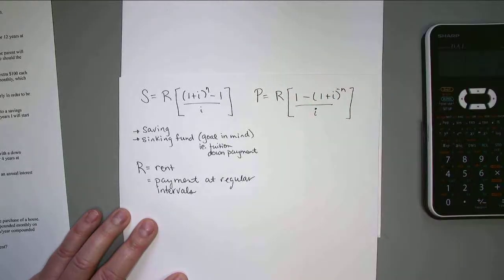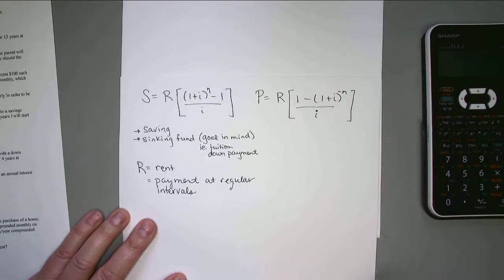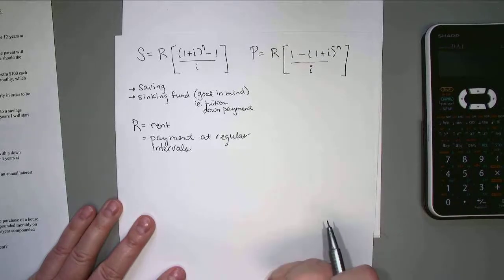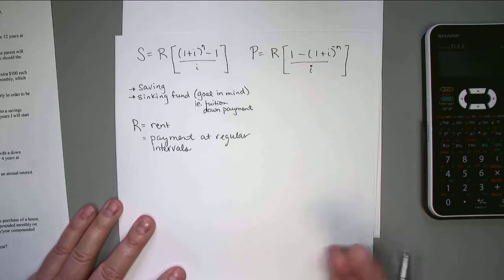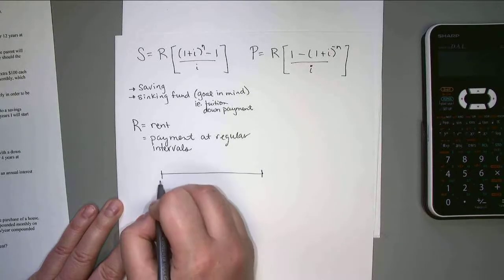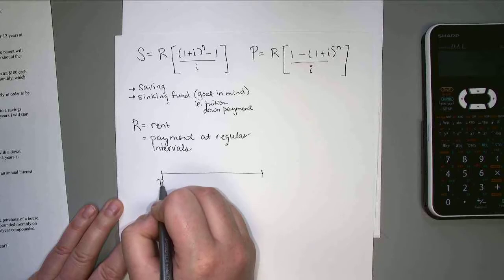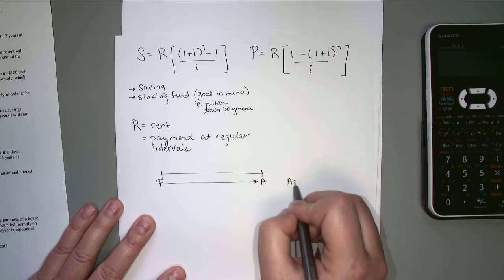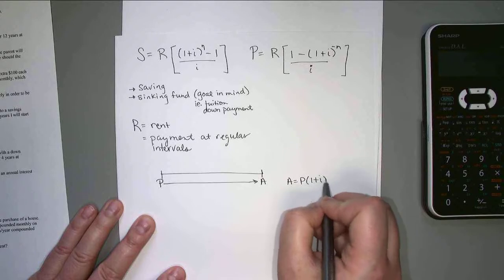So with the compound interest that we saw before, that was just when you were saving, you put the money in once and then you let it sit and grow. That was the compound interest formula. So basically this is the idea. You put an amount in here, we called it the principal, and then it grew to A, and that was A equals P(1 plus i)^n.